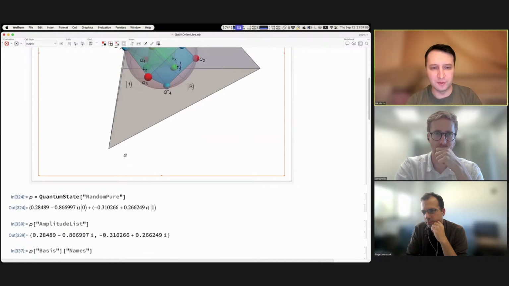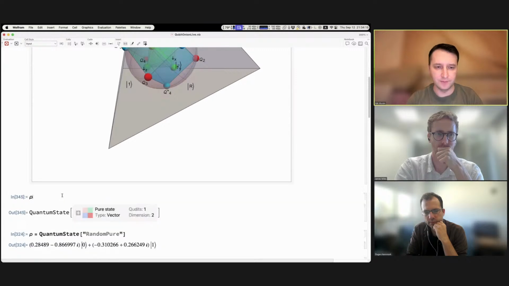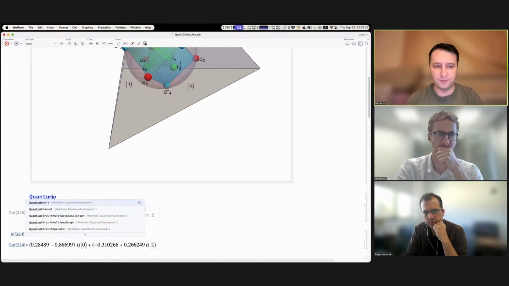The mathematical procedure for it, we just call the quantum phase space transform.